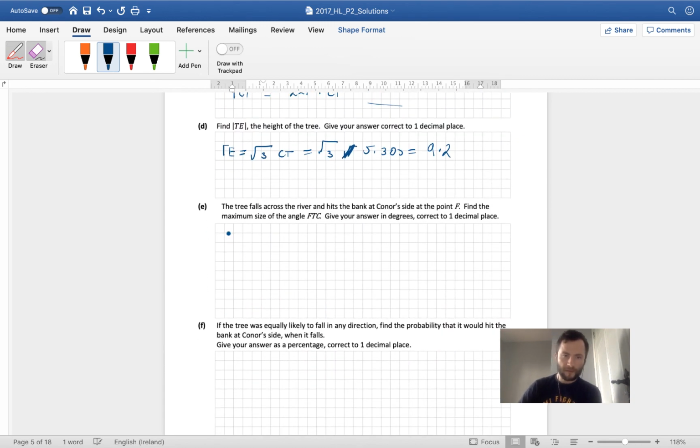Cos alpha equals CT over TF, and obviously TF has to be equal to TE because the maximum value of TF is the height of the tree, so that will be CT over TE.